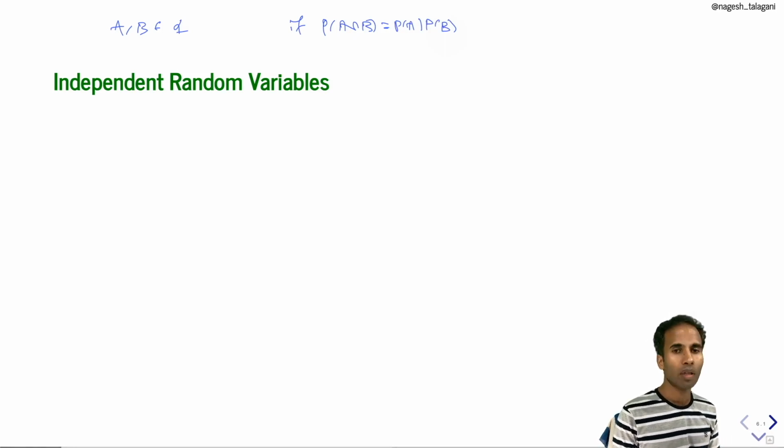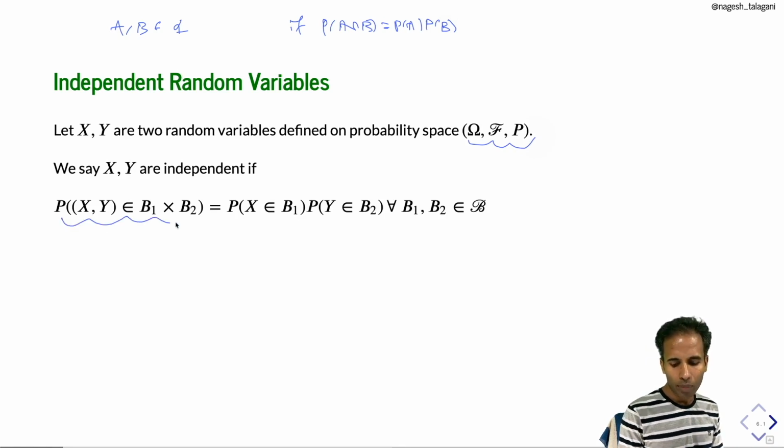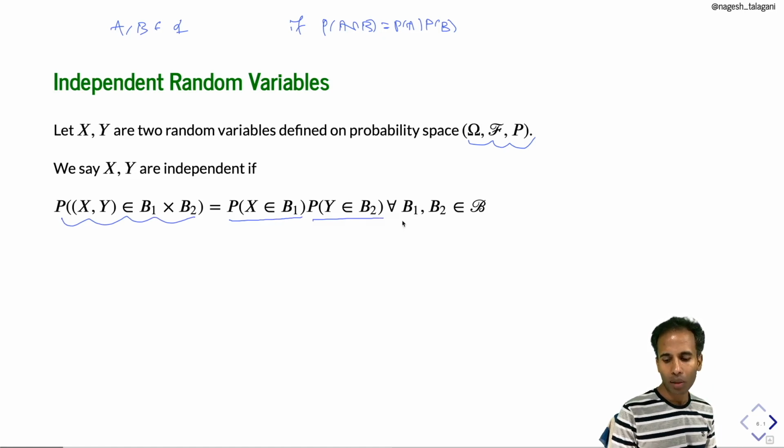Now let me define independence of two random variables. Here is the definition. X and Y are two random variables defined on the same probability space omega, script F, P. We say x and y are independent if the probability of (x, y) belonging to b1 cross b2 equals the probability of x belonging to b1 times the probability of y belonging to b2, for all b1, b2 belonging to script B, which is the Borel sigma field in R.